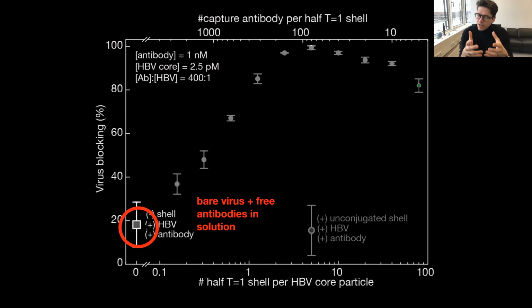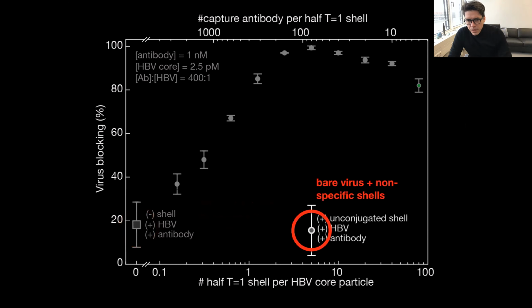But that's something you would want to have. You want an agent which really prevents the virus from interacting with the surface, and the antibodies, even at such a large excess over the viruses, don't accomplish this function.